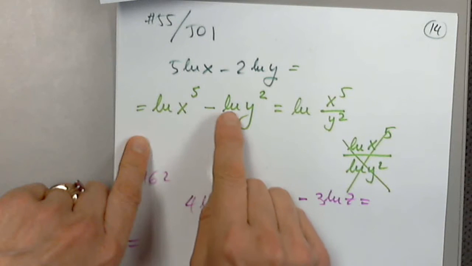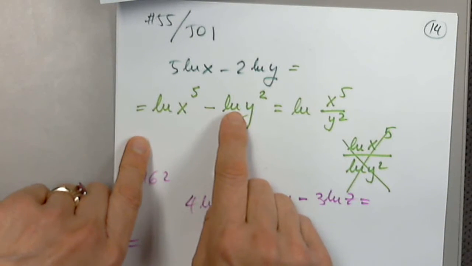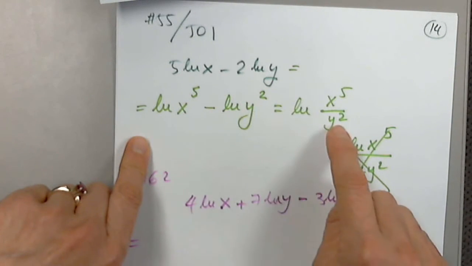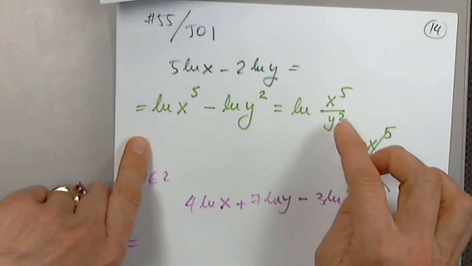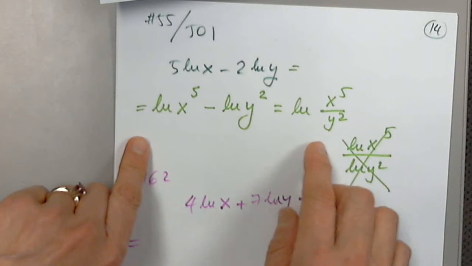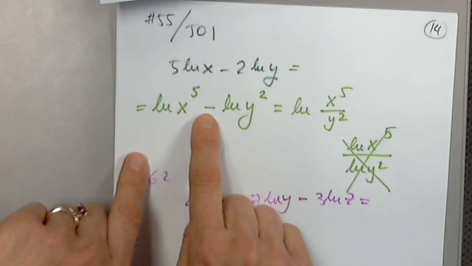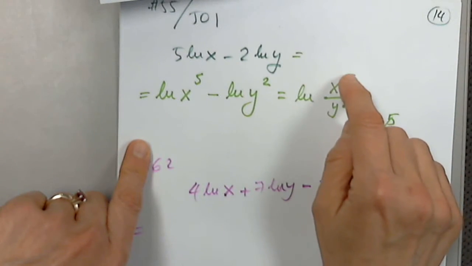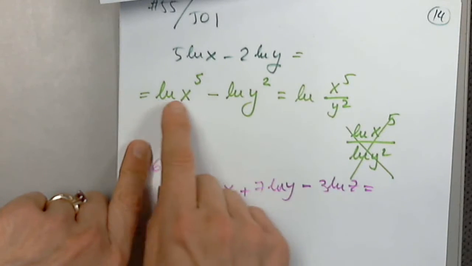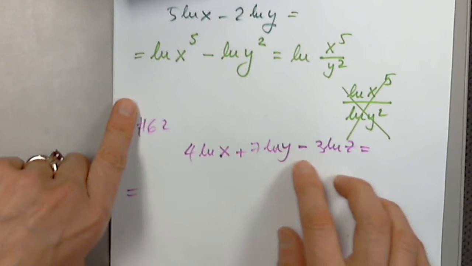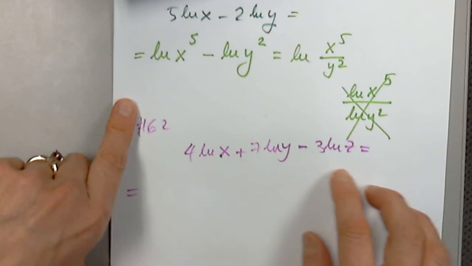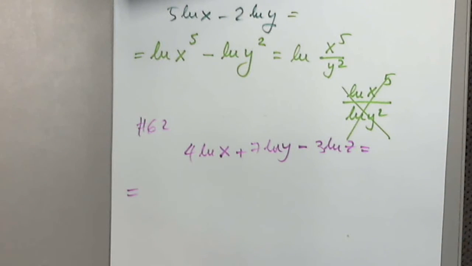If it has negative in front of the log, its expression will go to the denominator. Or if you want backwards, if the expression is in the denominator, the log will have minus in front. If the expression is in the numerator, the log corresponding to this will have positive in front. So knowing that, we can come up with a shortcut for this if you want.